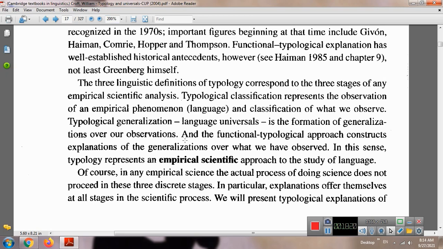In the functional typological approach, we construct explanation of the generalization over what we have observed. In this sense, typology represents an empirical scientific approach to the study of language.